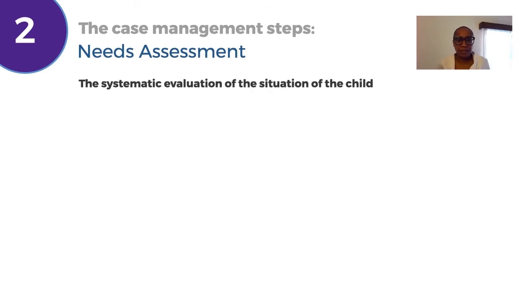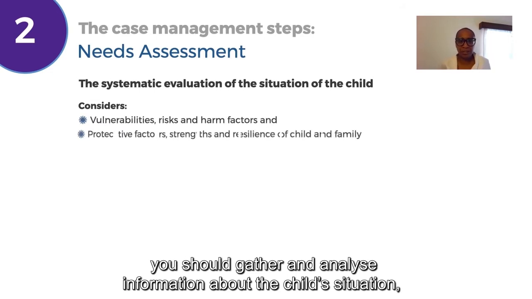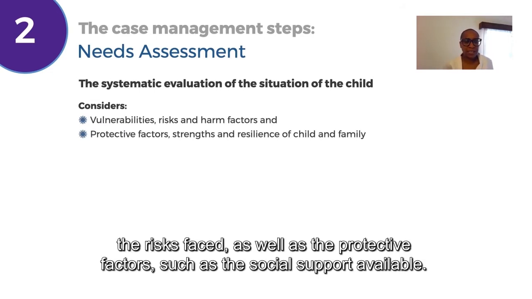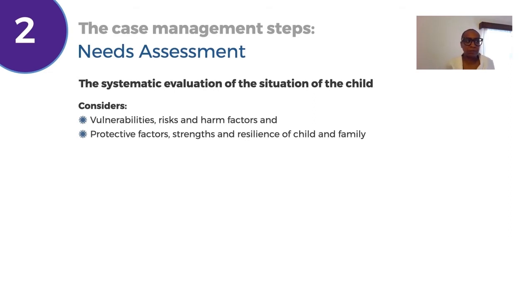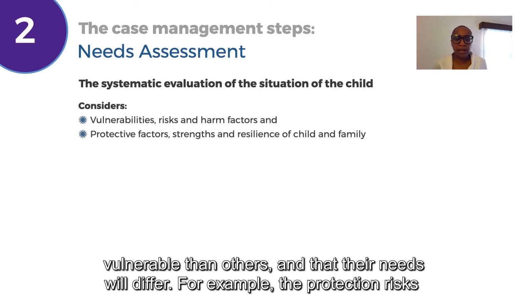At this stage, you should gather and analyze information about the child's situation, the risk faced, as well as the protective factors such as the social support available. When you carry out the assessment, always remember that certain children are more vulnerable than others and that their needs will differ.